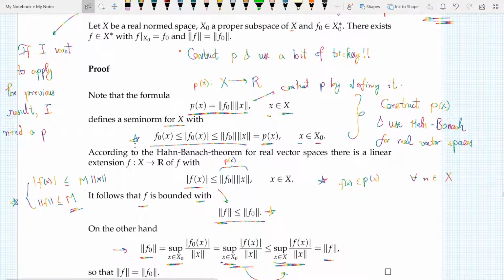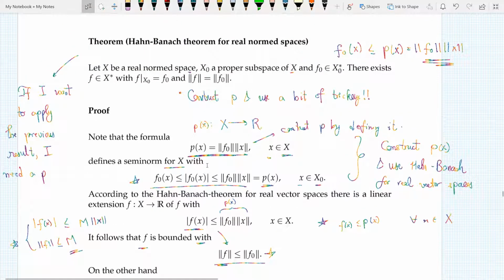Let's do a quick recap. We started with a real norm space, and X0 was a proper subspace of X, and I had a functional defined on X0. I had to prove the existence of a functional in X star such that F restricted to X0 is equal to F0 and the norms are equal.